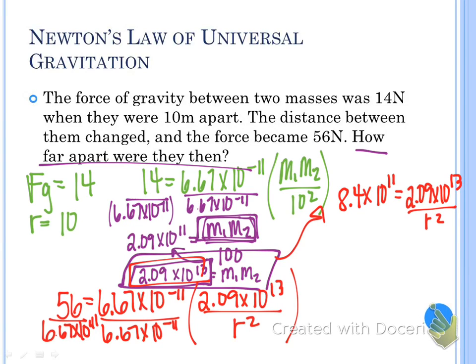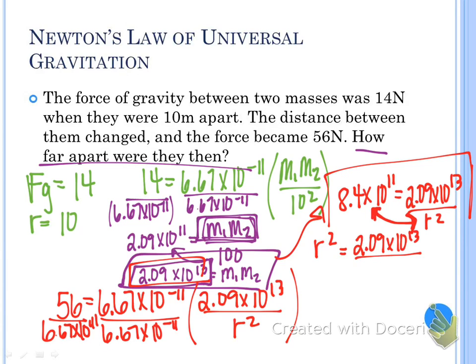Okay. So when we have an algebra term that looks like this, my step is going to be to switch those two places. Remember that? If I've got my variable on the bottom, I'm going to switch those two places. So that's going to leave me with R squared equals 2.09 times 10 to the 13th divided by 8.4 times 10 to the 11th.